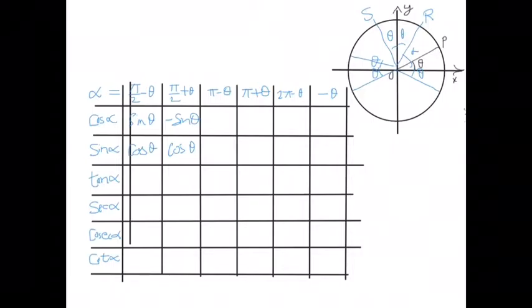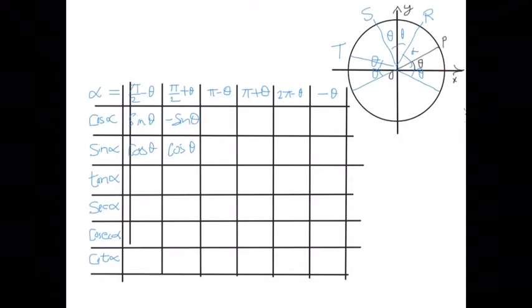Now, when alpha is equal to pi minus theta, it corresponds to the angle that this line segment OT makes with the positive x-axis. And we can see that line segment OT is the mirror image of line segment OP around this y-axis, and therefore the projection of OT on the x-axis, which is cos alpha here, is on the negative side, but its absolute value is equal to the projection of line segment OP on the x-axis, which is on the positive side.